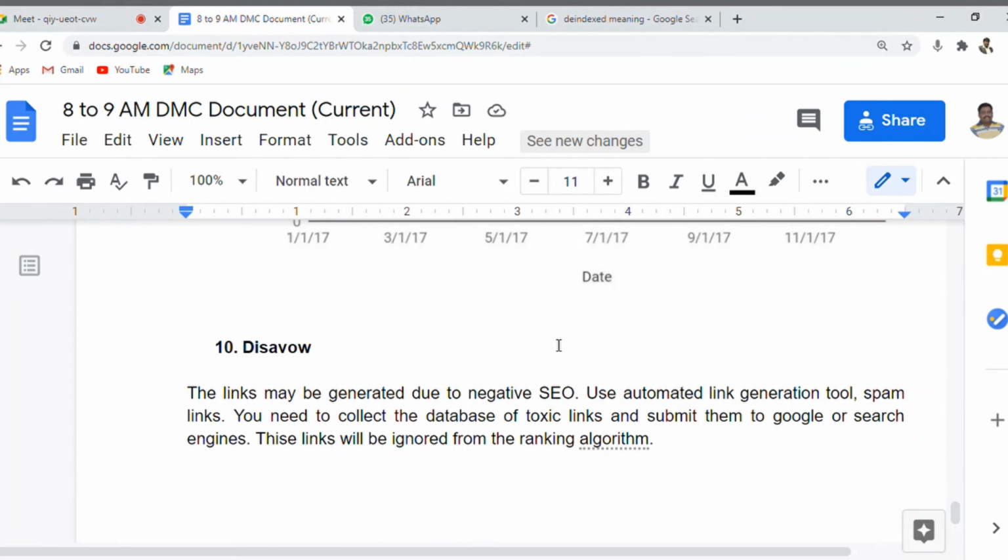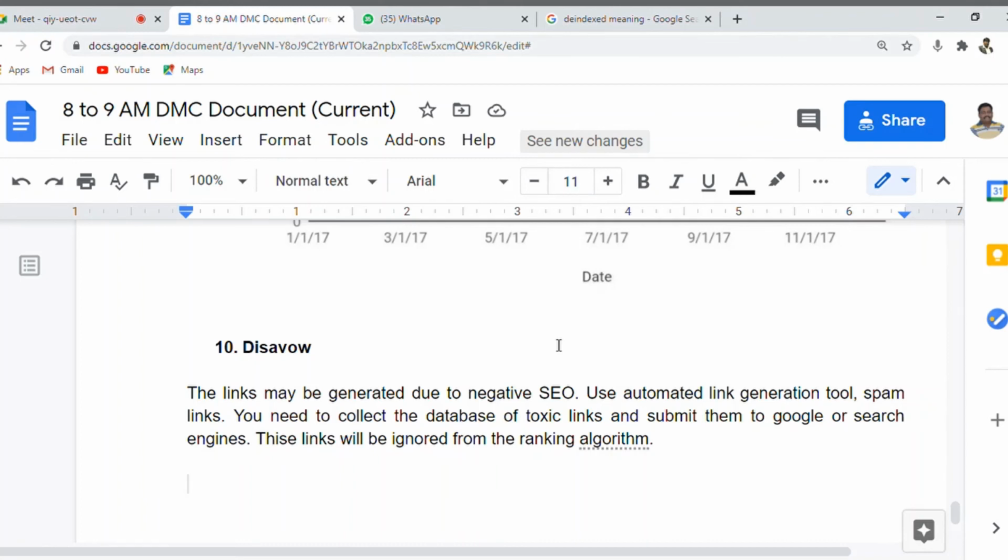So they will think, yes, you know about this and you are knowledgeable about it. You are not taking any action against it, which means you are accepting that these spam links are coming with my knowledge. Because of this, your website will be penalized and your visitors will drop.